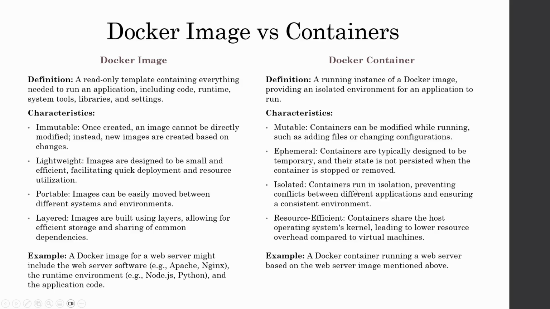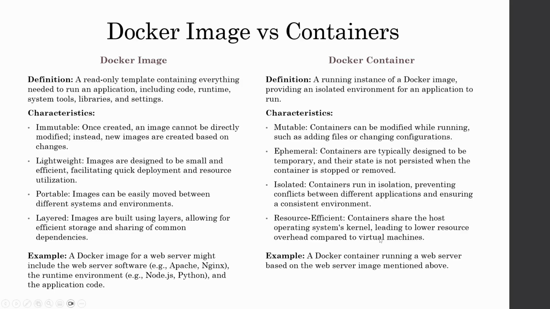Isolated, so containers run in isolation, so two containers do not interact with each other unless you share some data between them. Otherwise, both the containers will be running in isolation, and they are resource efficient because each container shares the resources of the host operating system.